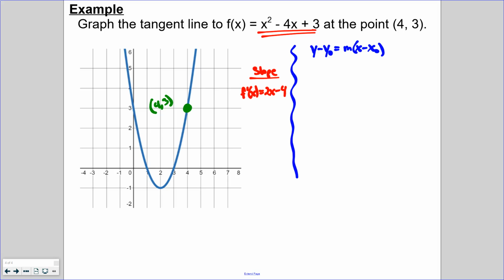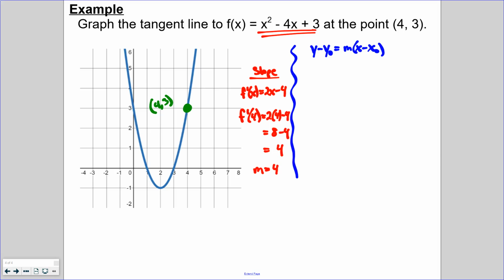But we're not trying to find the general slope formula for this particular function. We want to find it when x equals 4. So we can substitute that in. F prime of 4 is going to be 2 times 4 minus 4, which is 8 minus 4, or just 4. So therefore, the slope of our tangent line will be 4.